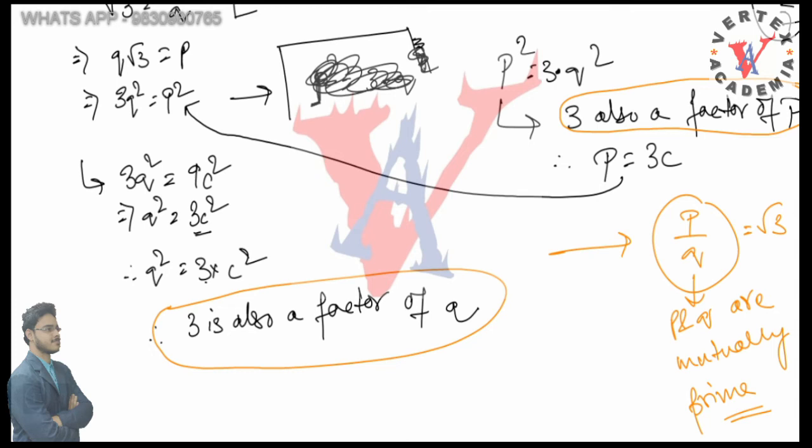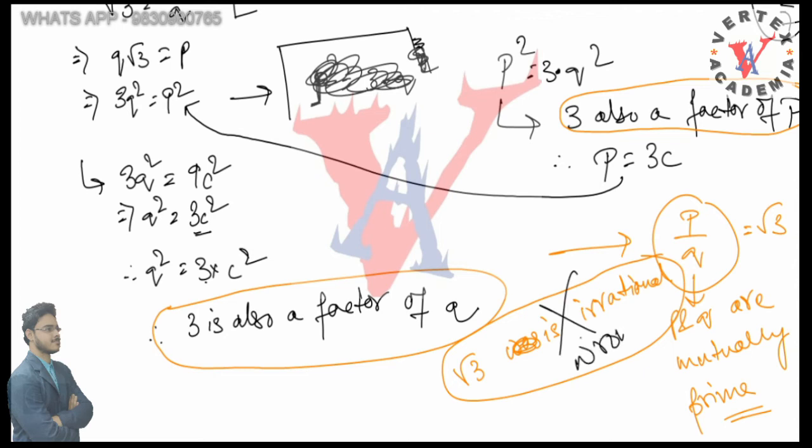Therefore our initial assumption that P and Q are mutually prime is incorrect, which indirectly tells that our assumption that root 3 is rational becomes wrong. So finally we can say our initial assumption was wrong, therefore root 3 is irrational. I hope this is clear.